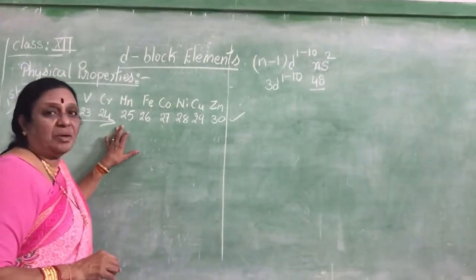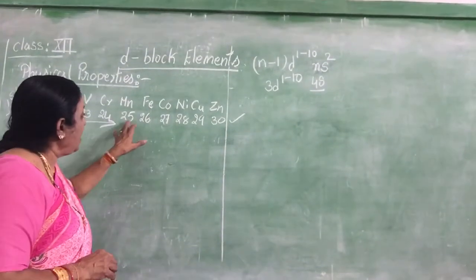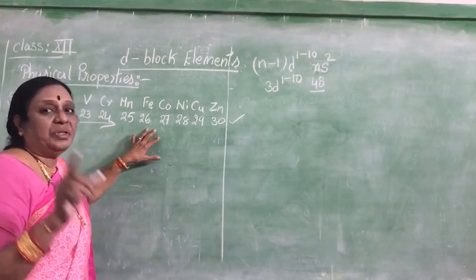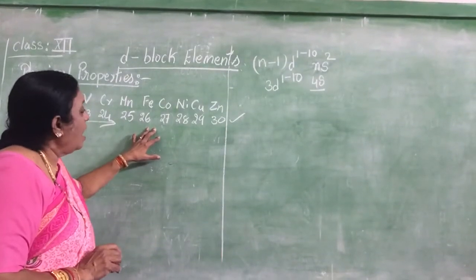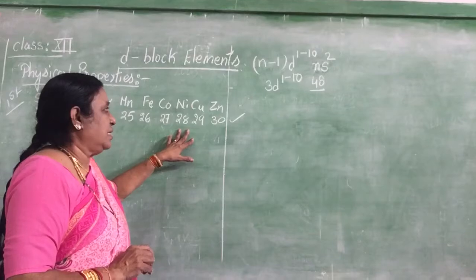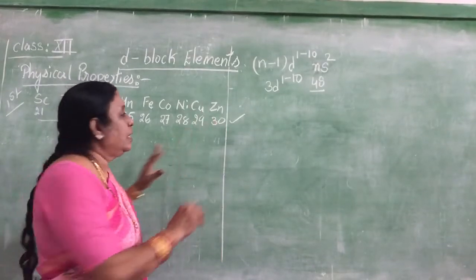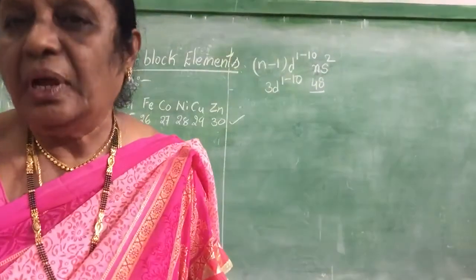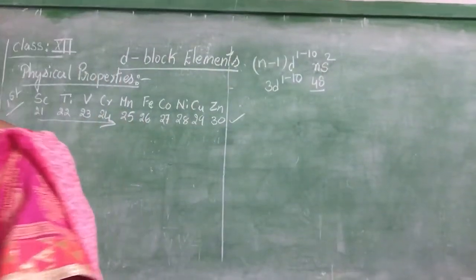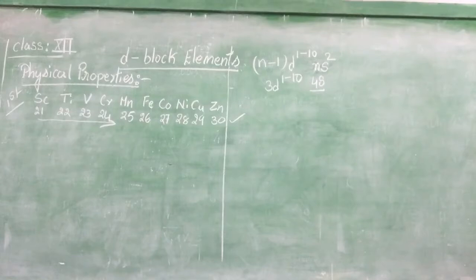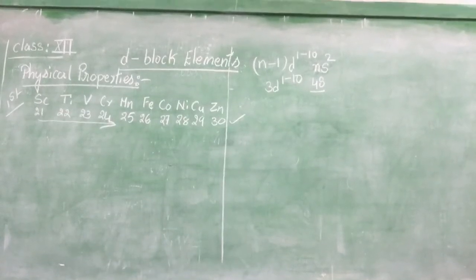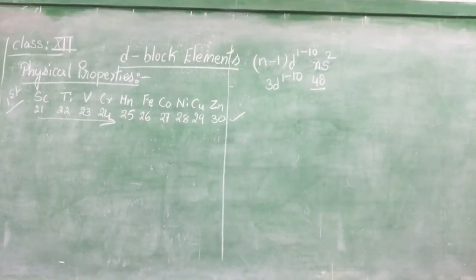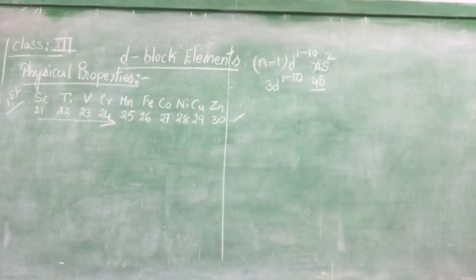So when you reach the middle of the series, it remains the same due to the same number of electrons, and then it starts increasing and it will decrease when you reach zinc. So variations are there, children. The same trend is observed in the atomic radii of the other series also.